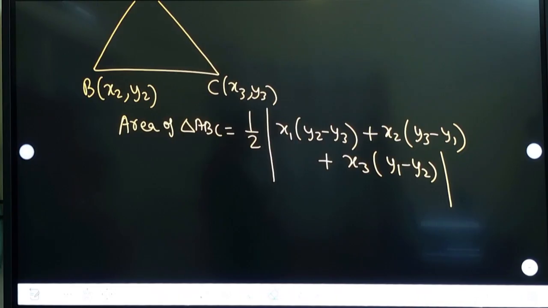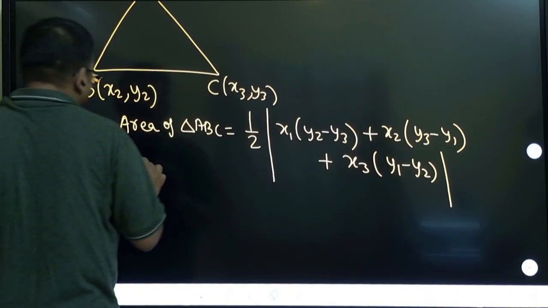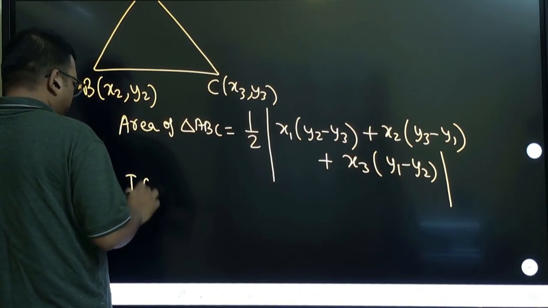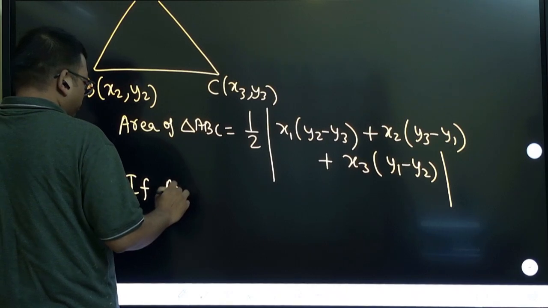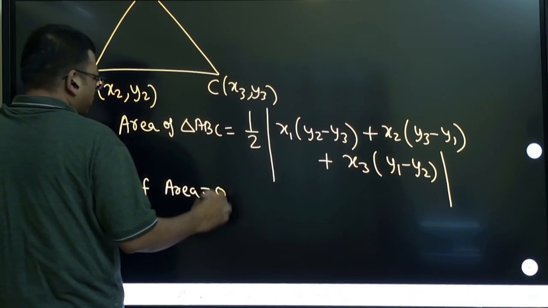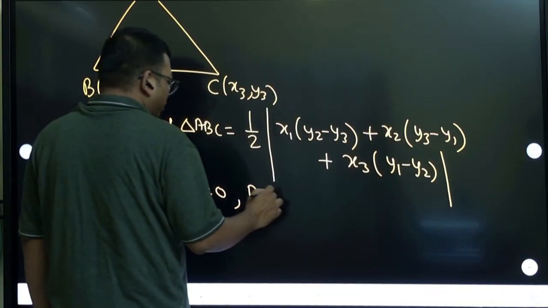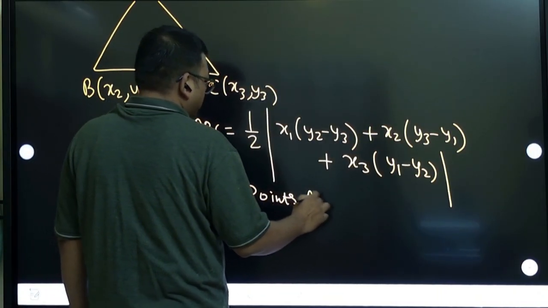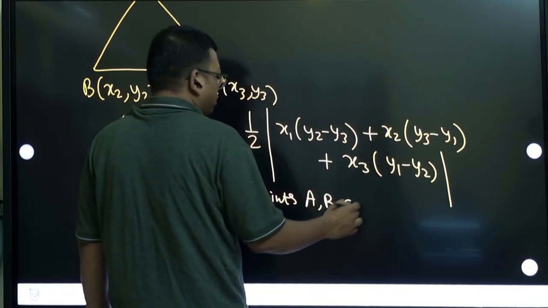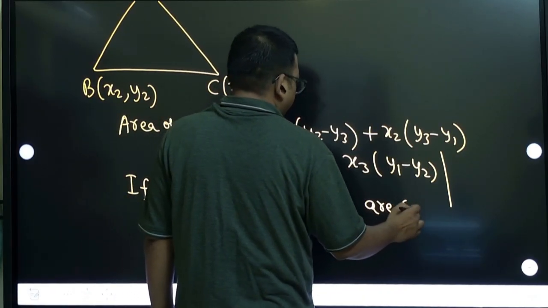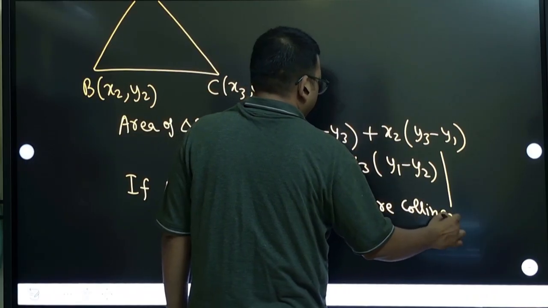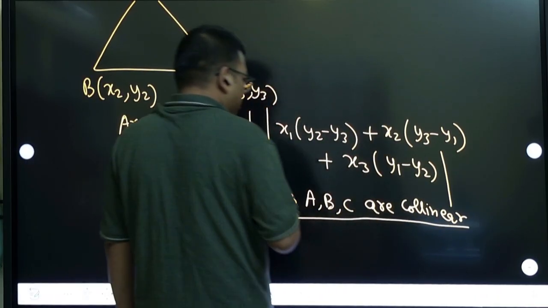Note that if this area is 0, the points A, B, C are collinear. Collinear means they are lying on the same straight line.